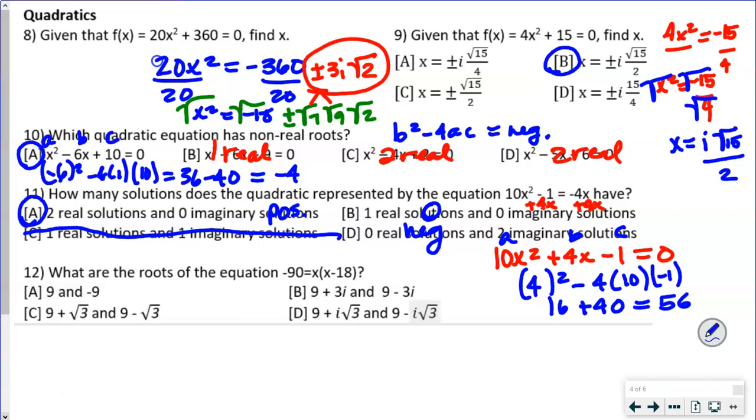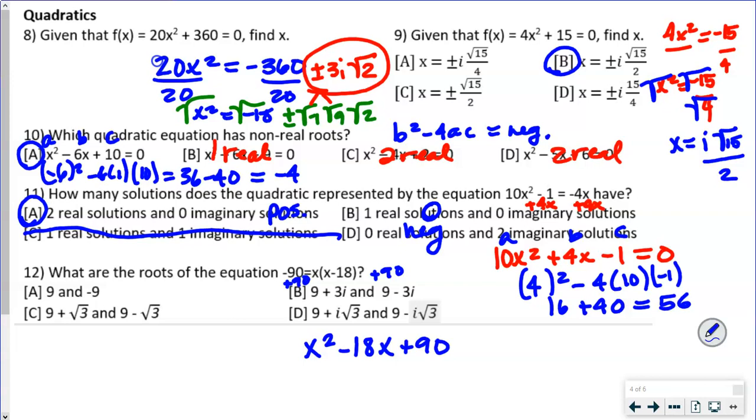So on this one, we're going to distribute the x times the x minus 18. So this is going to be x squared minus 18x. And then we're also going to add that 90 to both sides, okay? So we're going to move that over to plus 90, okay? So now here again, on this problem, are there any factors of 90 that add up to be negative 18? So that's the question we can ask ourselves.